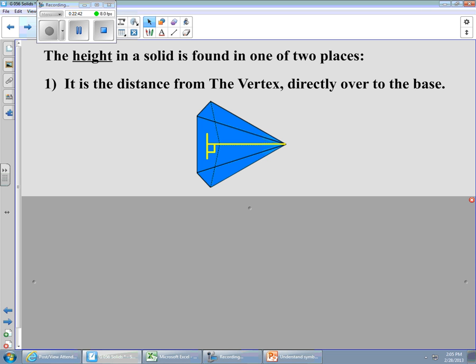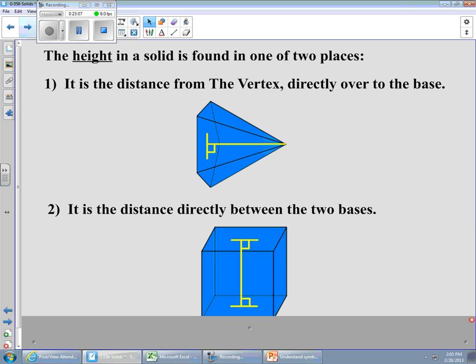And just like with our two-dimensional discussions, your base, whatever you're calling your base, is always going to be perpendicular to your height. I know we're not artists, but if you need a diagram, just do the best you can to scribble it down, or just write down this definition. It's pretty straightforward.